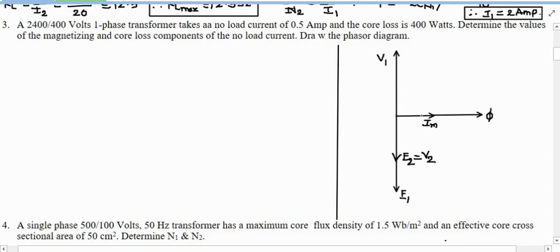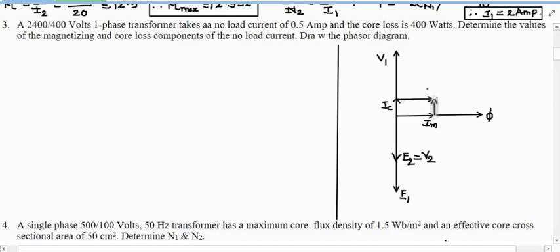And in addition to the magnetizing current, my primary will draw the core loss component of this current also, IC, to overcome the no load losses taking place in the primary winding at no load, and the vector sum of both is nothing but your no load current, means current taken from the supply at no load.